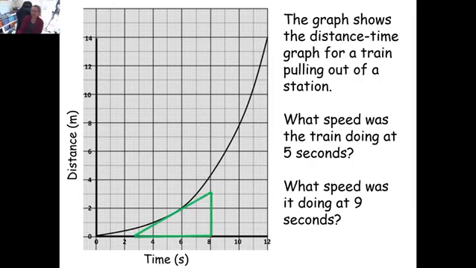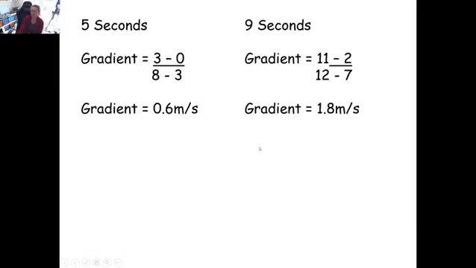If not, I have drawn those in for you, so I would like you to stop the video at this point and work out the speeds at 5 seconds and 9 seconds. Now you should have found that at 5 seconds the train was travelling at 0.6 meters per second, and at 9 seconds it was travelling at 1.8 meters per second.